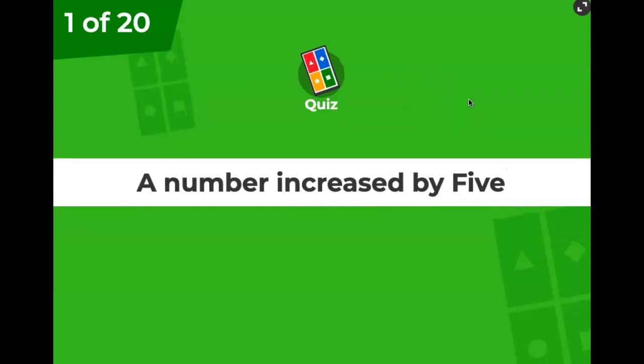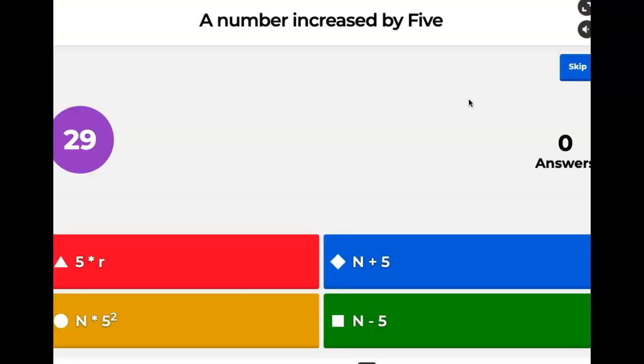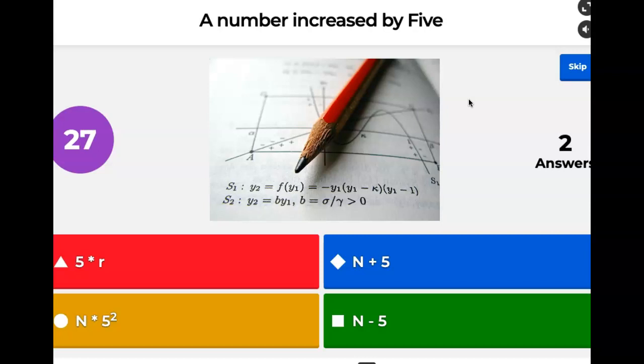Question number 1. A number increased by 5. Go ahead, guys. Write your answer down. I'm expecting everyone to get this right. This one is very obvious. Obviously, there's only one that says it that way.